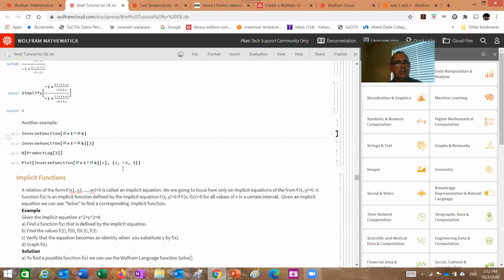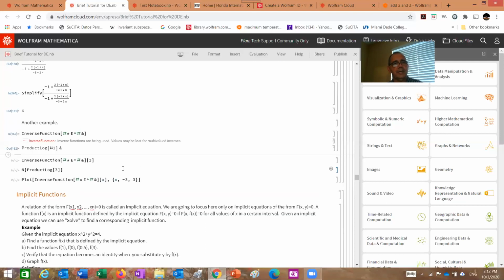The inverse is not possible to find by hand, but this function has a name: the product log function. ProductLog is by definition one of the inverses of this function. It has more than one possible inverse, but this is one of them.